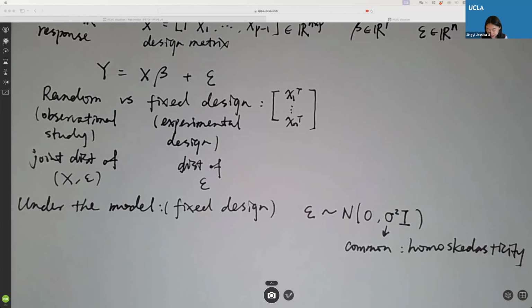In the numerator, you only have beta. So for any sigma value, once you want to maximize the likelihood by changing beta, you get the same solution. That is the good thing. So estimating beta doesn't require our knowledge of sigma squared.